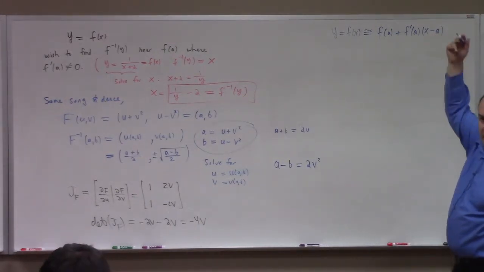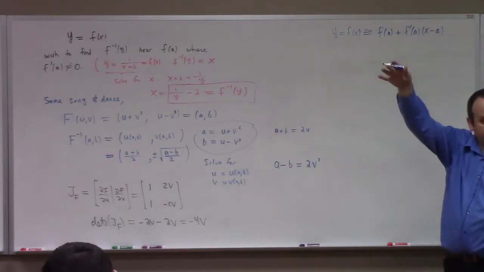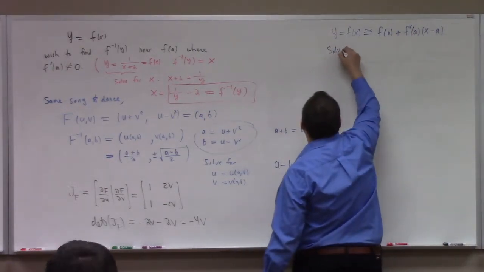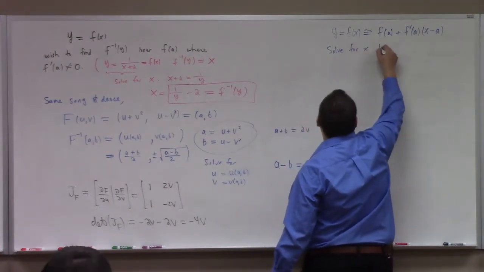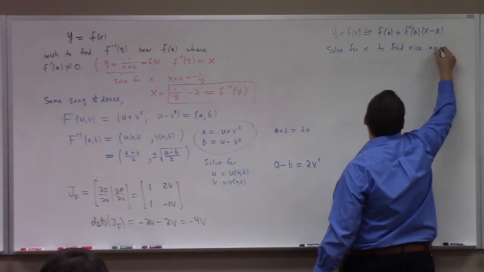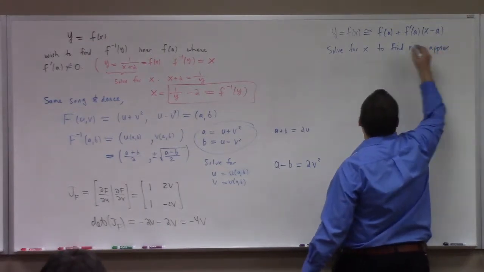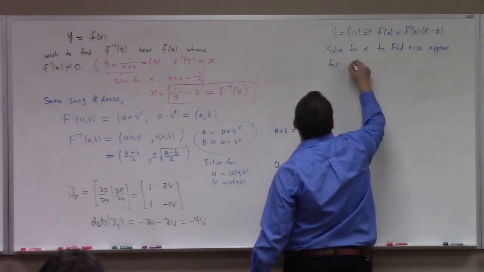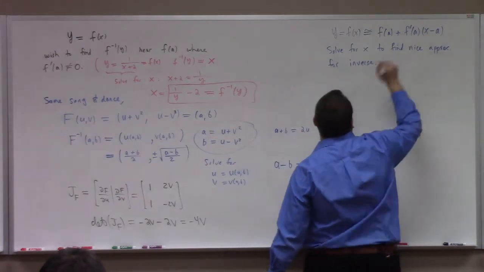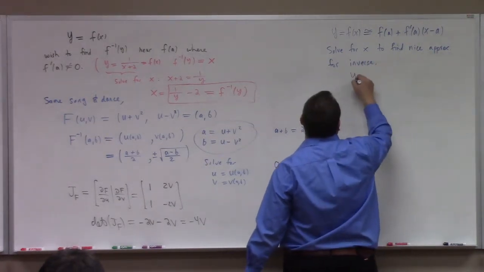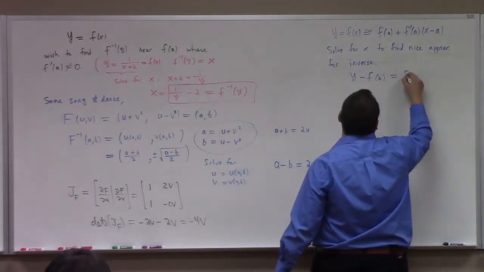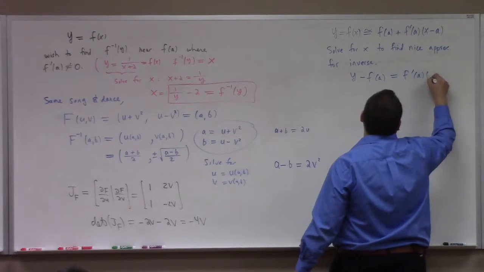And then to find the inverse, or a pretty good approximation to the inverse, what do we do? Solve for x to find a nice approximation for the inverse. So let's see here, solve for x. What do we got? y minus f of a equals f prime of a times x minus a.